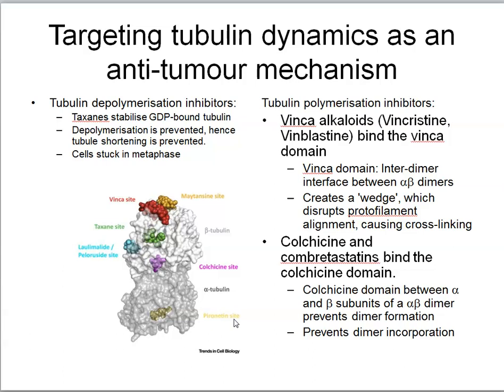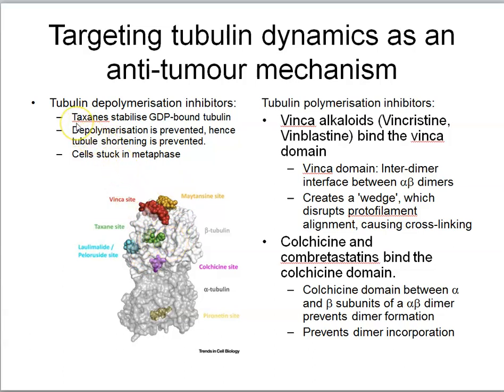And we've got lots of different classes of drugs that can bind tubulin, either alpha tubulin, beta tubulin, or various sites within that. So we're going to cover each of those in turn. So this image here shows alpha tubulin and beta tubulin. It shows the location of the main sites that are targets of drugs that target either alpha tubulin or beta tubulin. So the first one is the taxanes, and the taxane site is here on the outside of the beta tubulin.